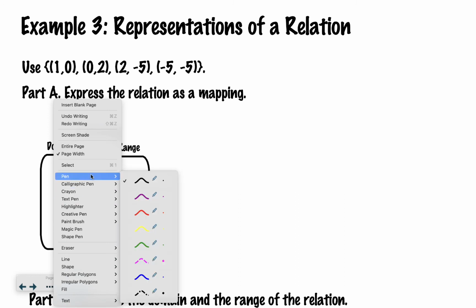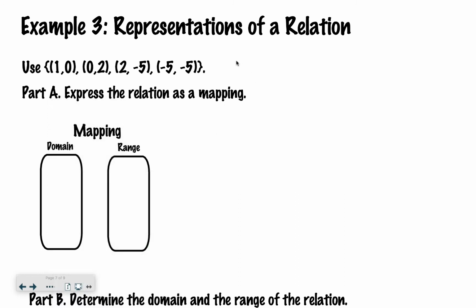Sometimes I think it is easiest to actually identify your domain and your range first, because then it gets them listed in least to greatest. So I have 1, 0, 2, and -5. Out of those numbers, the smallest is -5, then it's 0, then it's 1, and then it's 2.